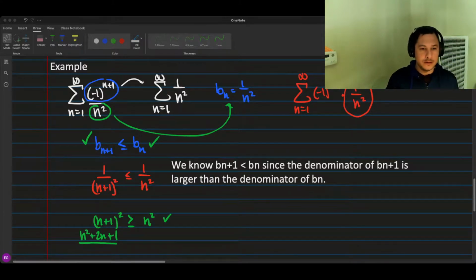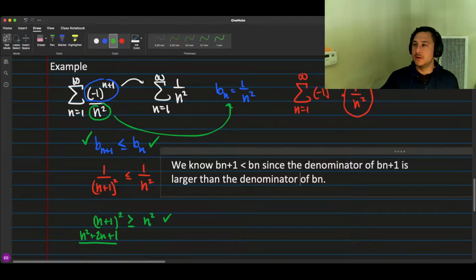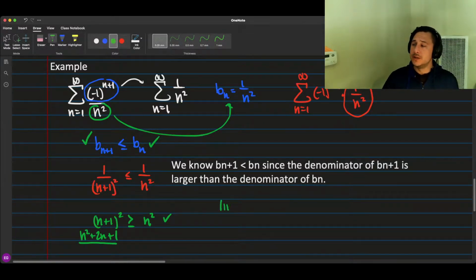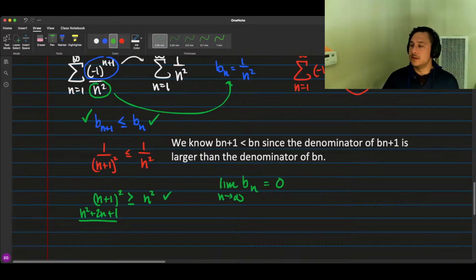Okay, so we proved part 1 that the numbers are decreasing. Part 2 is fairly straightforward. We need to show that the limit as n goes to infinity of the bn's equals 0. So let's do that. The limit as n goes to infinity of 1 over n squared, well, we know that's going to be 0, so you're good.